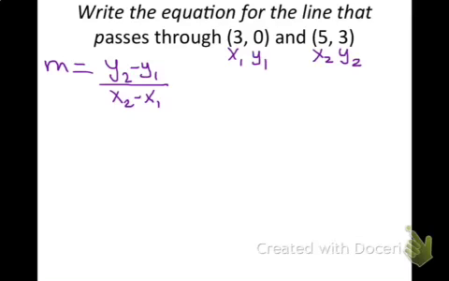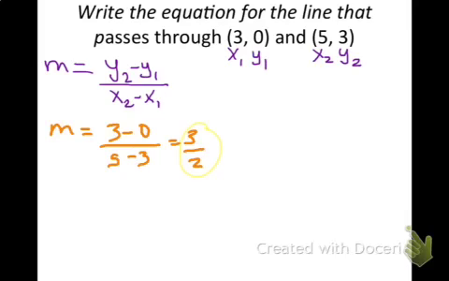So all we have to do now is plug in the corresponding numbers into our formula. So m is equal to y2, which is 3, minus y1, which is 0, divided by x2, which is 5, minus x1, which is 3. So that gives you 3 over 2. So our slope is 3 over 2.